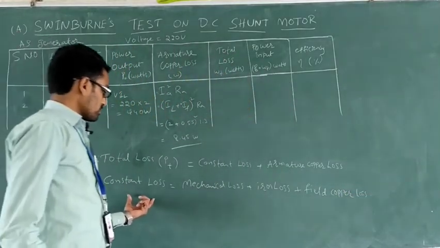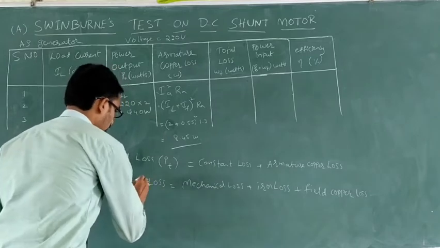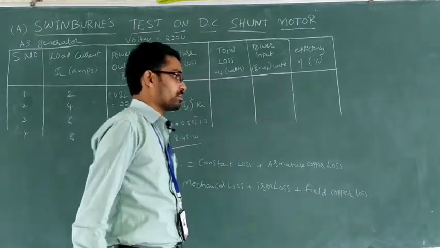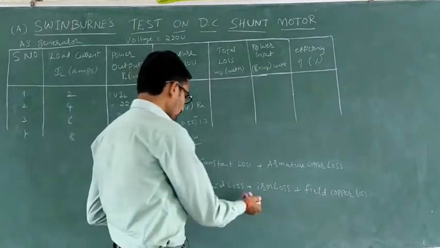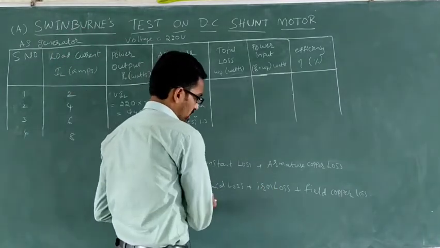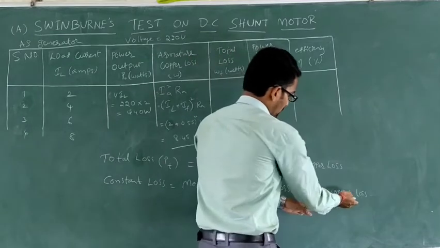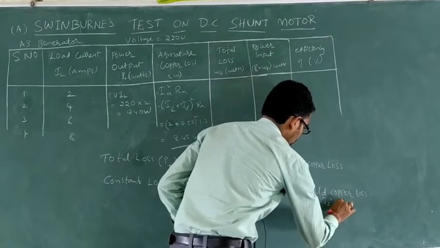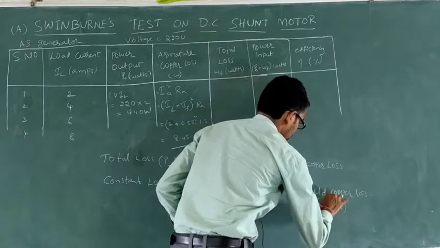So here constant losses is nothing but mechanical loss plus iron loss plus field copper loss. We don't know what the mechanical loss plus iron loss actually is, but we know the field copper loss. That field copper loss formula is If square Rf.